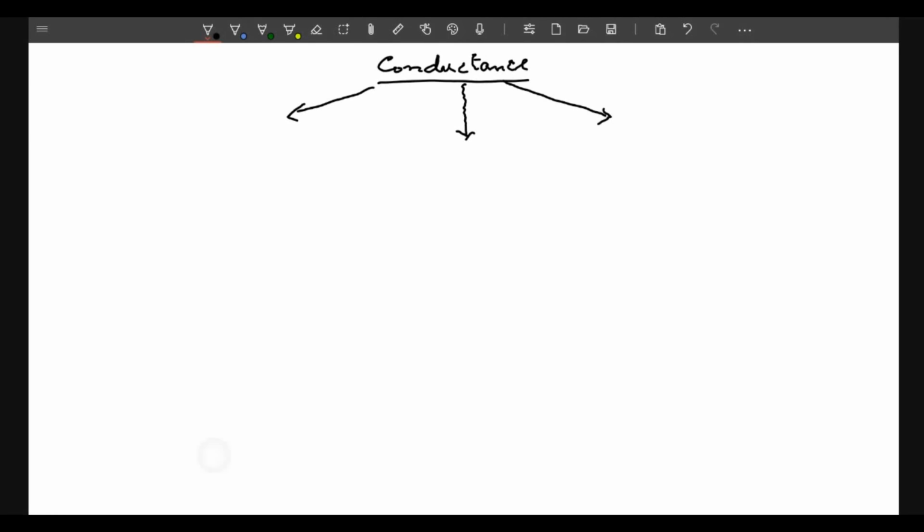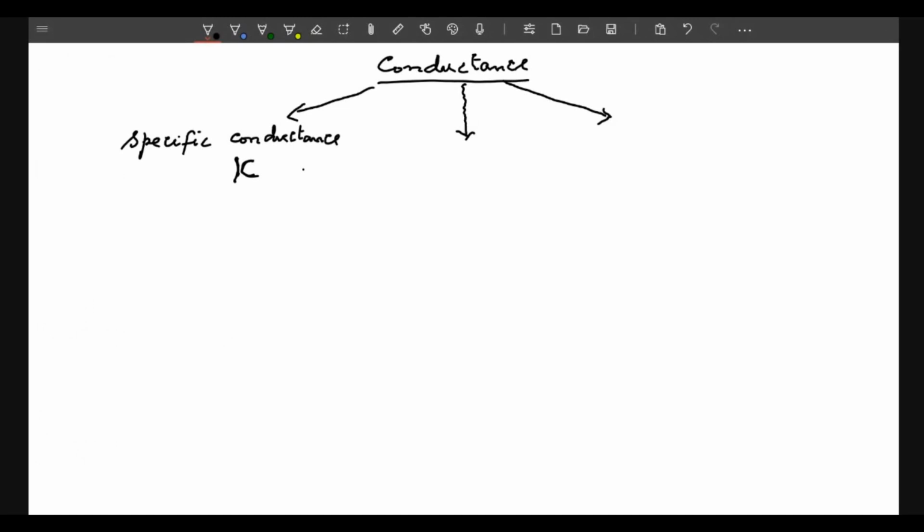One is called the specific conductance, which is represented by kappa. It is just like K, it's a Greek letter, kappa.